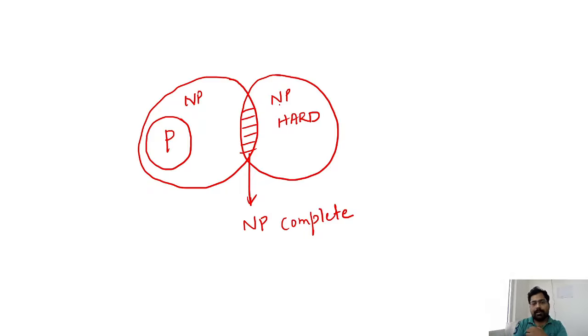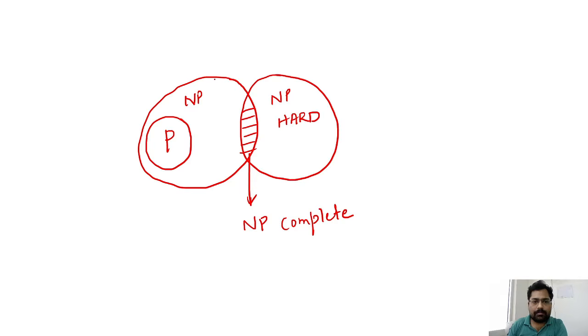Certain problems we have, like the best problem for NP, the satisfiability (SAT) problem, are a part of NP. But suppose you are finding a Hamiltonian path or Hamiltonian cycle.